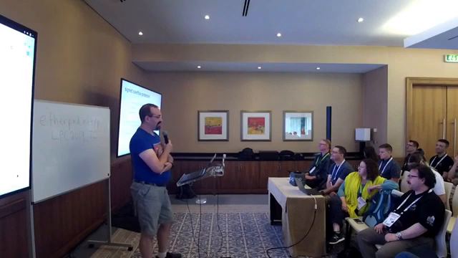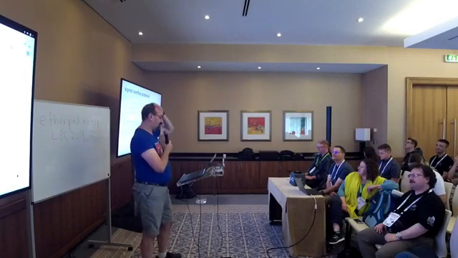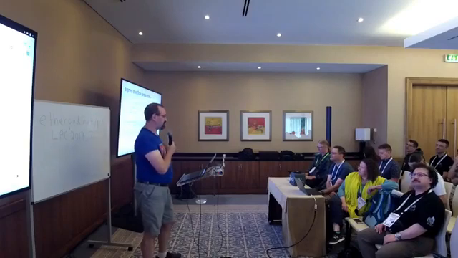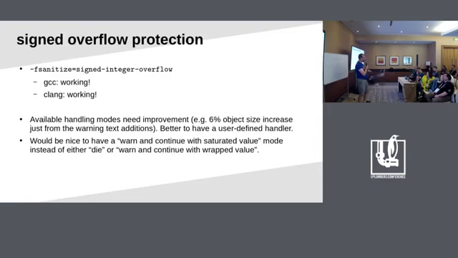I'd really like to have this be a user-defined handler where we could have an explicit exception, like BUG and WARN already, and then we can just say, oh, it happened over there, and we don't have to have a massive text size change. Another piece is right now there's the die mode where, oh no, I've overflowed, kill everything, which is not helpful, or warn and continue with whatever the bad value was, which has wrapped around.